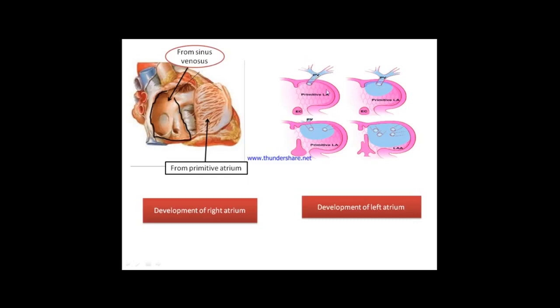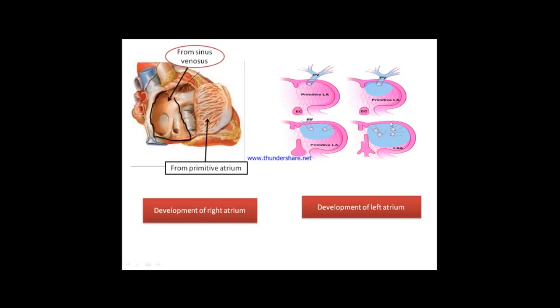But later on the left atrium enlarges and absorbs portions of the pulmonary veins. At first it absorbs up to the area where it bifurcates. Initially, in the initial stage, we have one pulmonary vein opening into the left atrium. Later on, once it absorbs some portion of it, up to the place where it bifurcates, it will then have two openings.